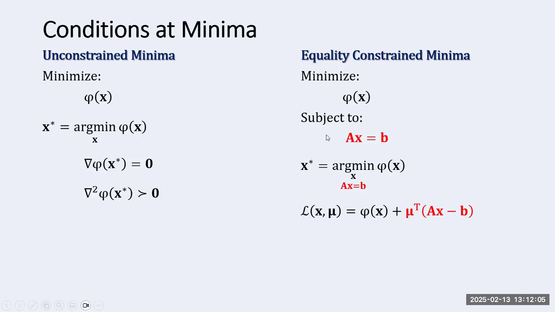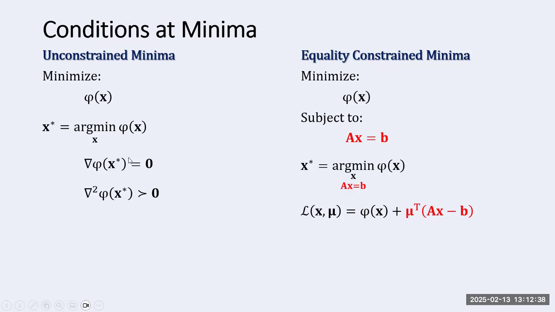As many constraints as we have. If we had two scalar constraints, then mu would be a 2 by 1 vector. By scalar constraints, I mean the number of rows of A, which is the same as the number of rows of B. If we had three scalar constraints, then mu would be a 3 by 1 vector. So this is the Lagrangian.